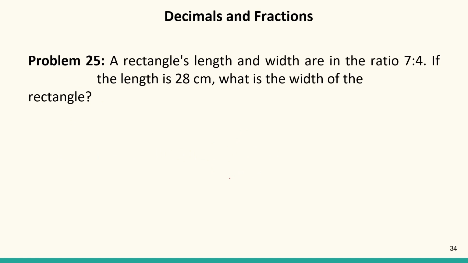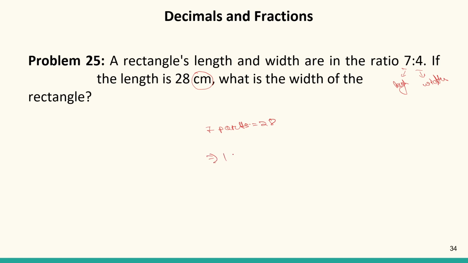Okay, so let's see problem number 25. A rectangle's length and width are in the ratio of 7:4. If the length is 28 centimeters, then here look at the metric system, it is in centimeters. So the length part is 7 and the width part is 4. Given that length is 28 centimeters, so 7 parts is equal to 28.